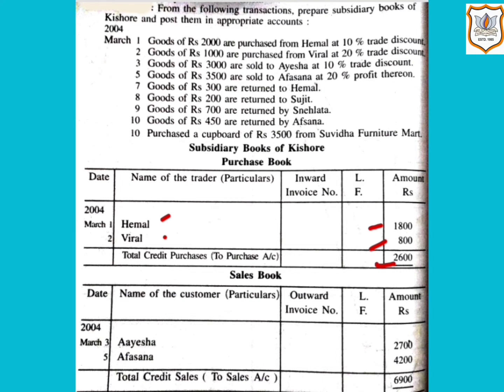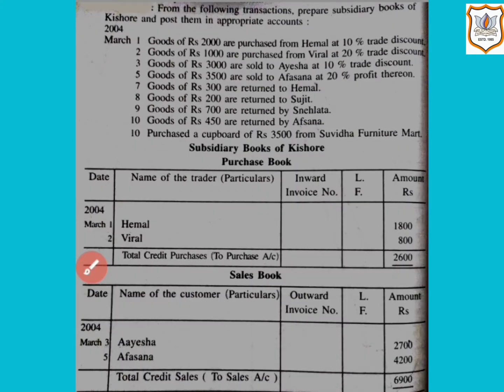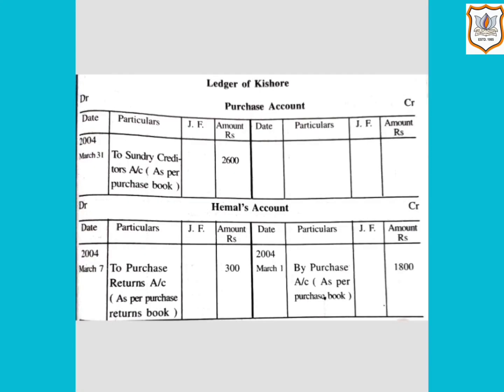So the total amount is debited to the purchase account. So let us see here. The total amount, that is rupees 2600, will be debited to the purchase account, and in the particular column we will write to sundry creditors.